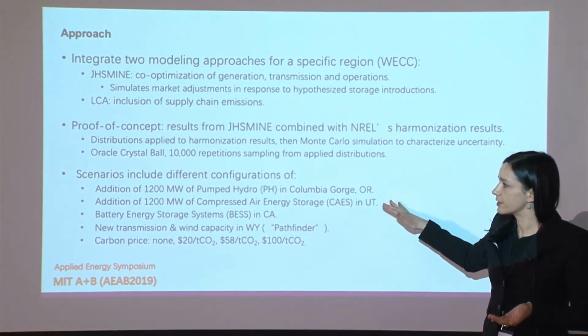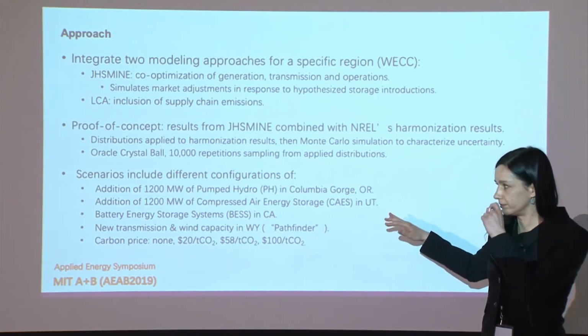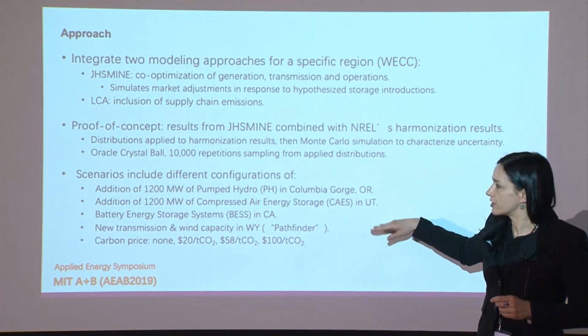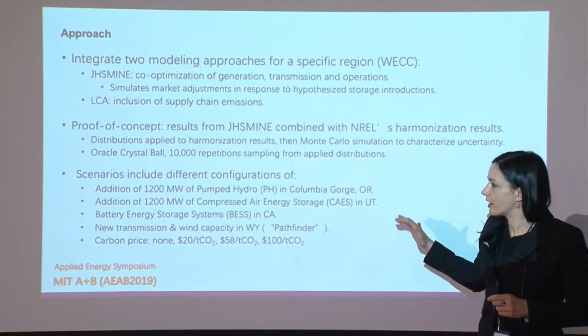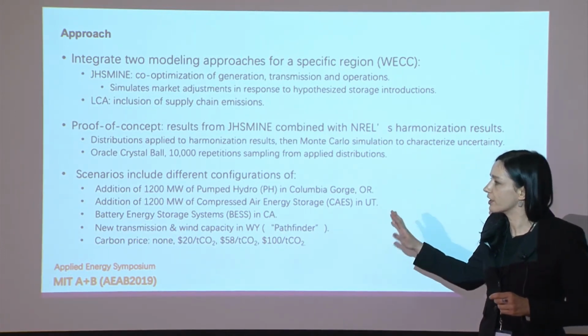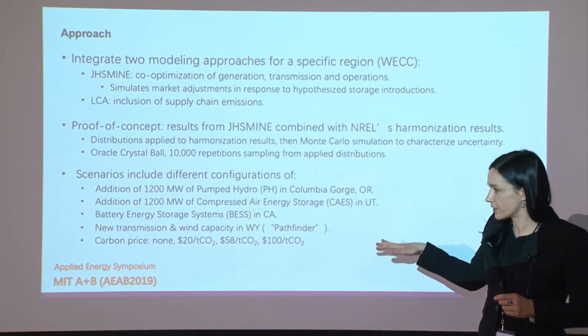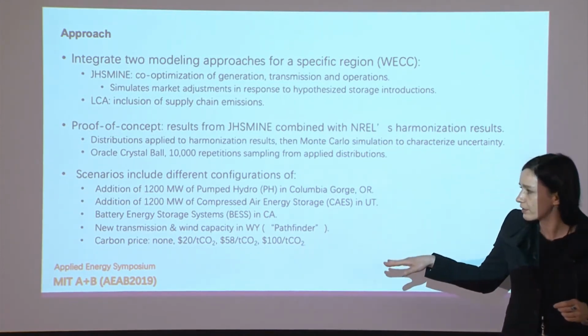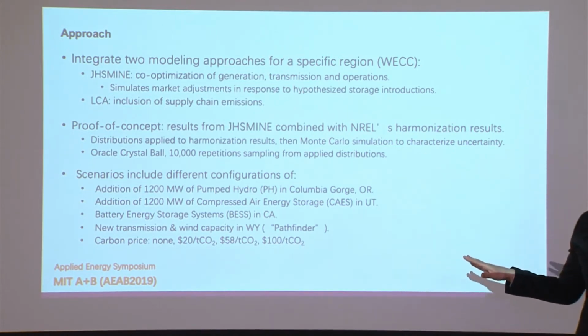The scenarios include different configurations of the additions of 1,200 megawatts of pumped hydro in Oregon, addition of 1,200 of compressed air energy storage, battery energy storage systems in California, wind capacity, and then a number of different configurations of carbon pricing.